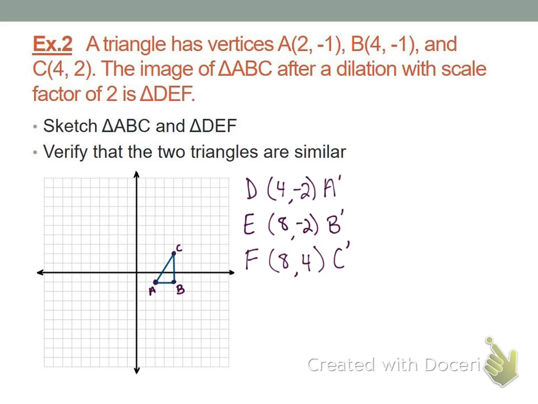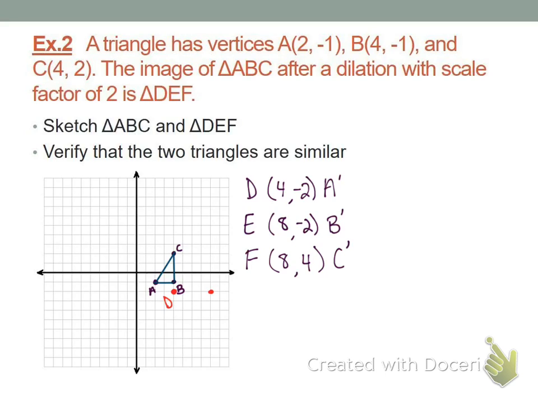Okay, I am going to graph those ones. 4, -2. I'm going to switch colors just to try to make them stand out a little bit better. So there's my point D. 8, -2. 5, 6, 7, 8.